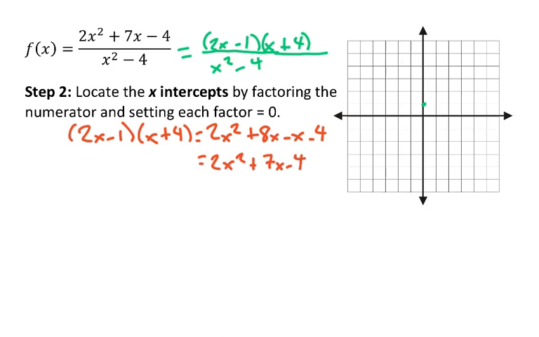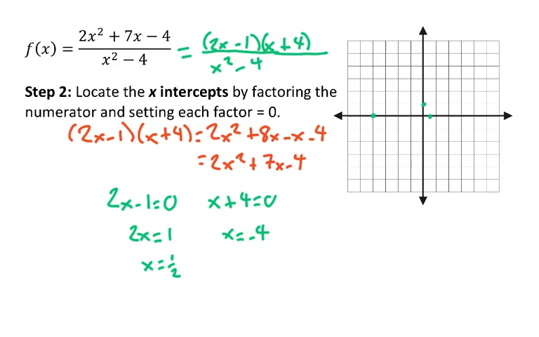So having done that, I locate the x-intercepts by taking each of those factors and setting them equal to 0. And this is going to tell me that there are 2 x-intercepts. One of them is going to be at 1/2, and the other one at negative 4. And I can plot those points as well, 1/2, and negative 4.